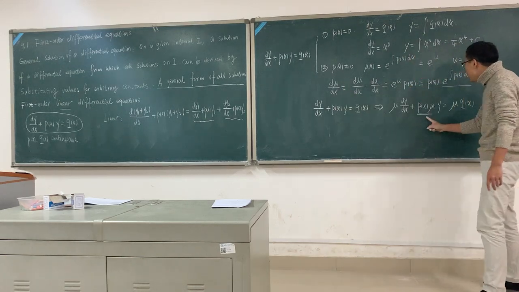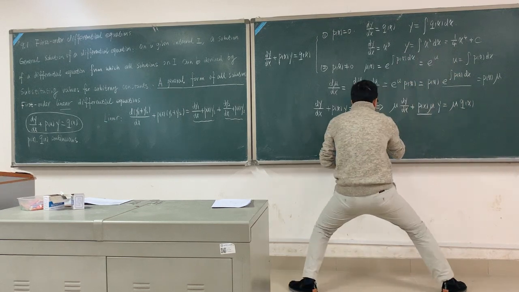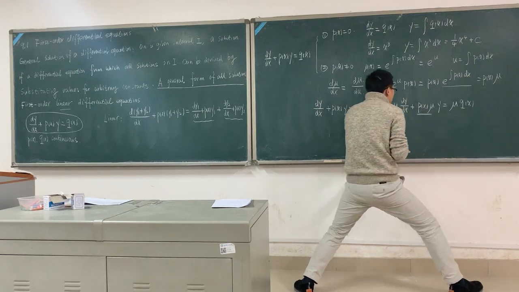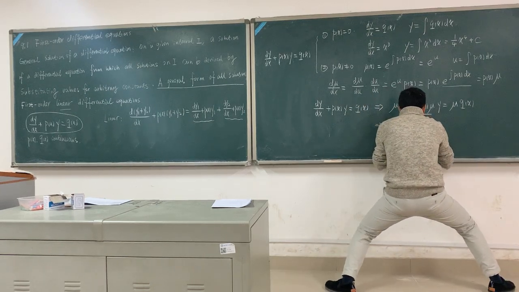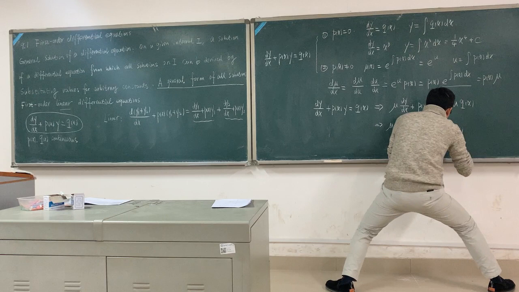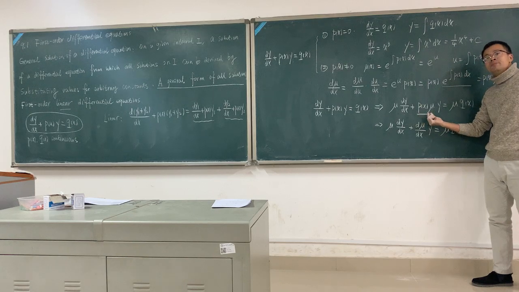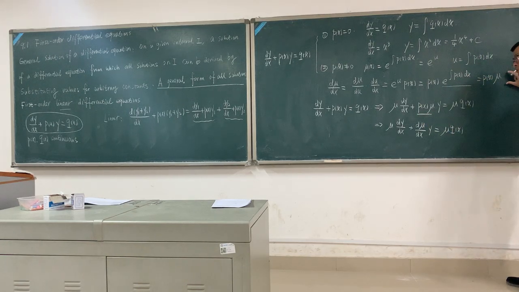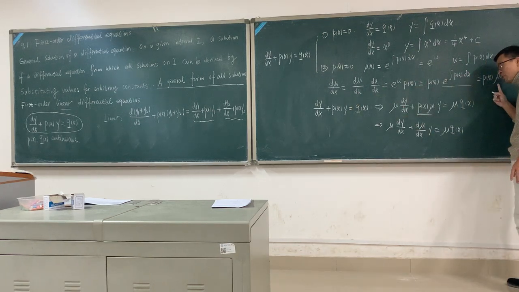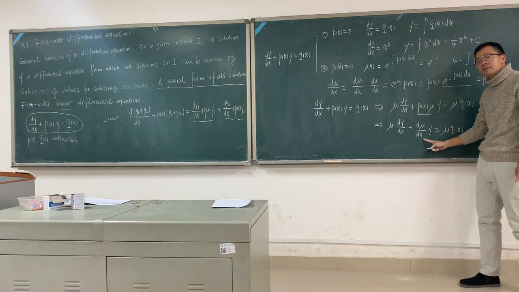From the previous step, we know that d mu dx is equal to p(x) times mu. So we replace p(x) mu by d mu dx.